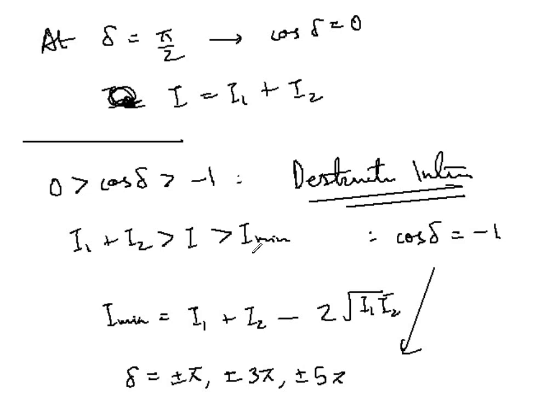So when will that happen? And the answer is this. You see, this is yet again a very special case. The most dramatic case will be when the amplitudes of both waves are equal to each other. That means E01 is equal to E02.